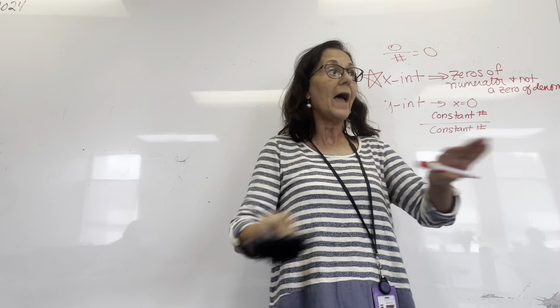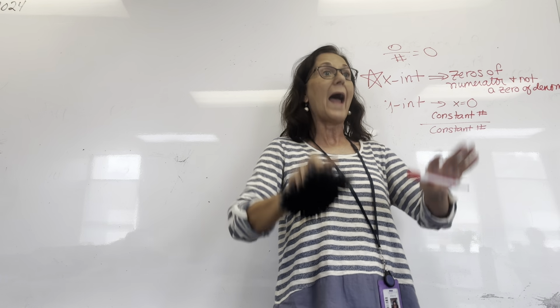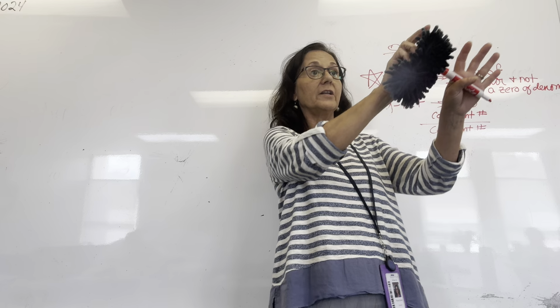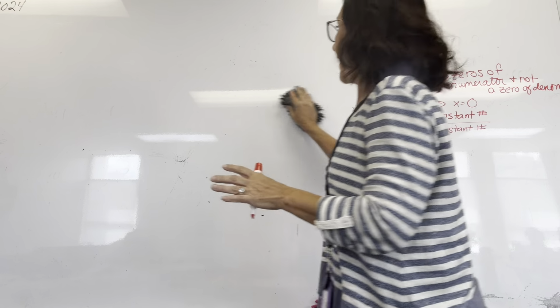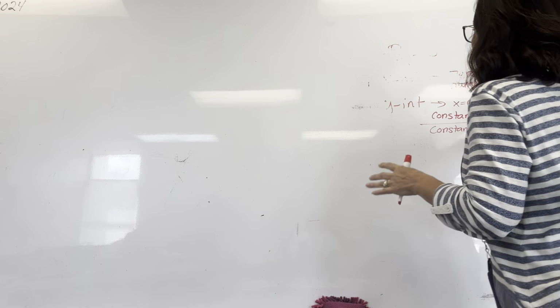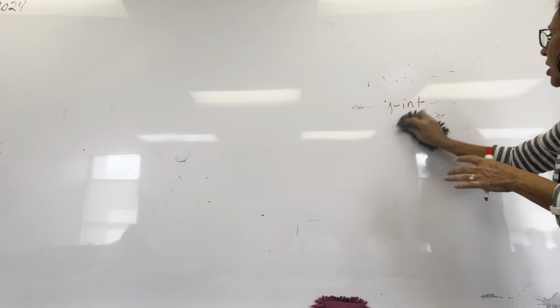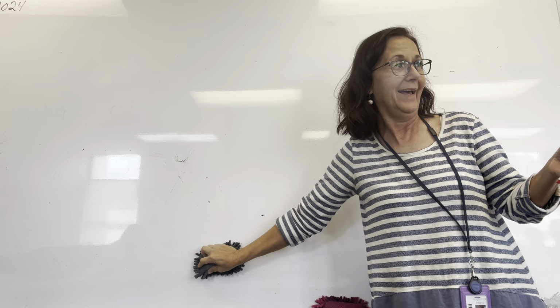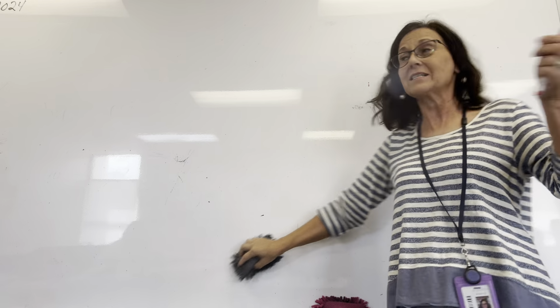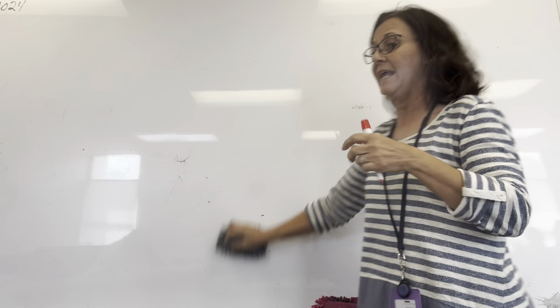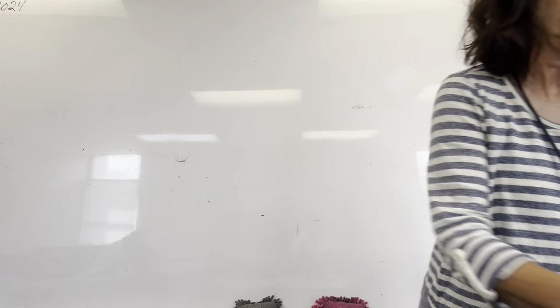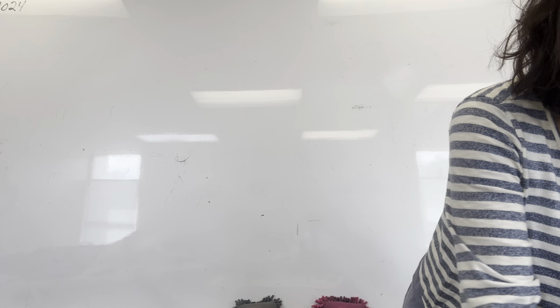Polynomial functions don't have holes in the graph. Only rational functions, which is a polynomial divided by a polynomial, have holes in the graph. Your calculator doesn't show a hole in the graph. It looks like a continuous line. You can't graph a function and say, oh, there's a hole here. You can't do that.